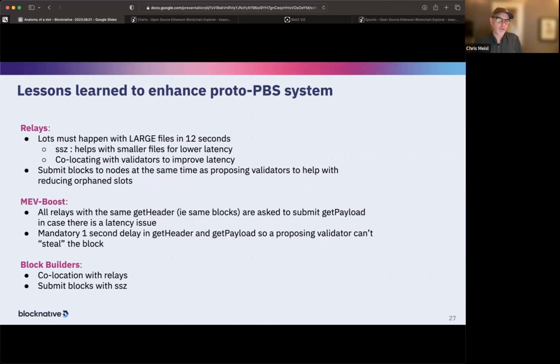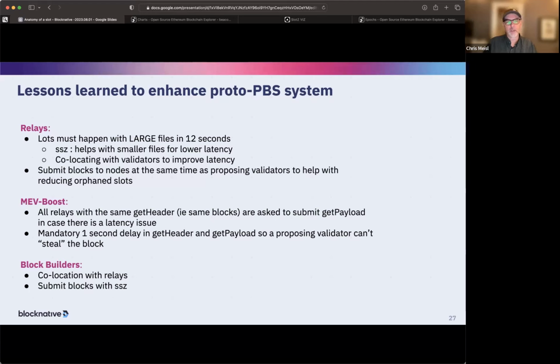So what have we learned? What relays have learned is that this latency thing is absolutely crucial. So there's a lot of effort to continue to improve the latency game. We're using SSZ, which is sort of a compression algorithm, so that the data being moved around, blocks are really large, is faster. Validators are basically co-locating with relays. That's pretty common practice.